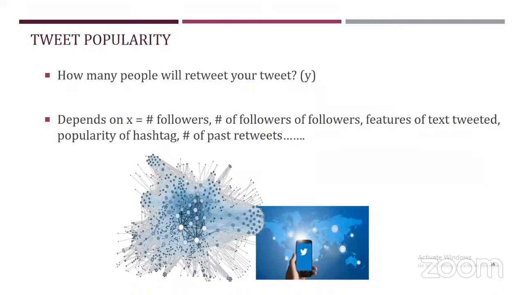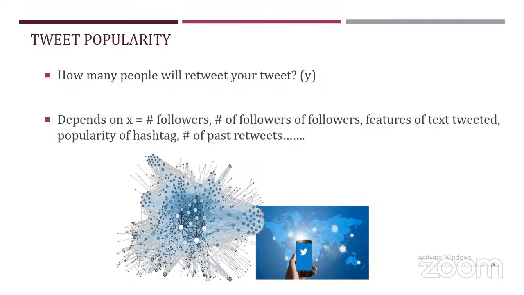Now coming to your tweet popularity. In case of popularity, again it is talking about some value. So in this case, in order to check the popularity of a tweet, first what we are going to do is we are going to train your model. This training of the model is going to be based upon the previous tweets.